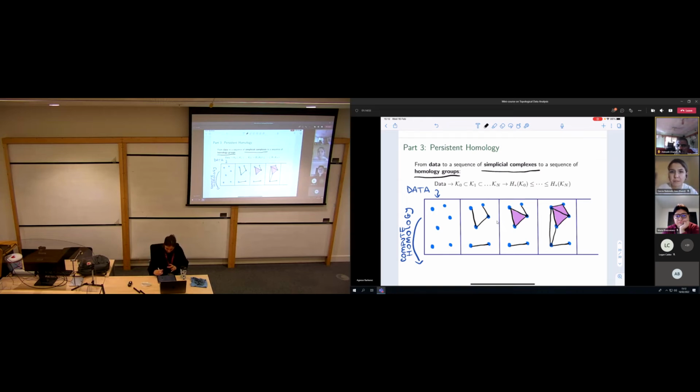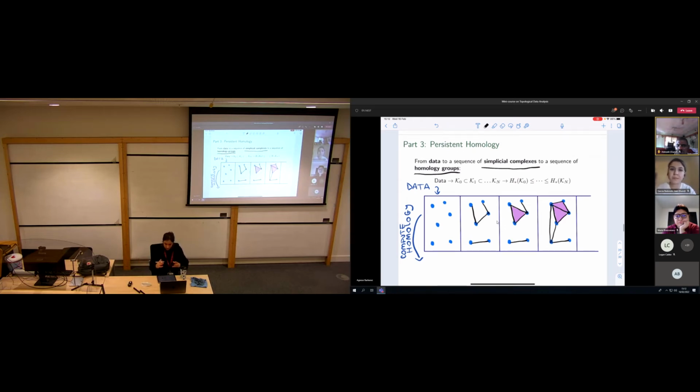So this figure is supposed to give a more formal schematic of the pipeline. We start from points, we construct a sequence of simplicial complexes, a nested sequence, so each simplicial complex is contained in the next, as suggested by the picture. And at each step, I compute the homology, the Betti numbers.